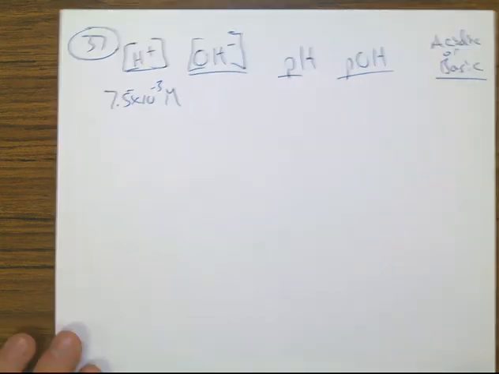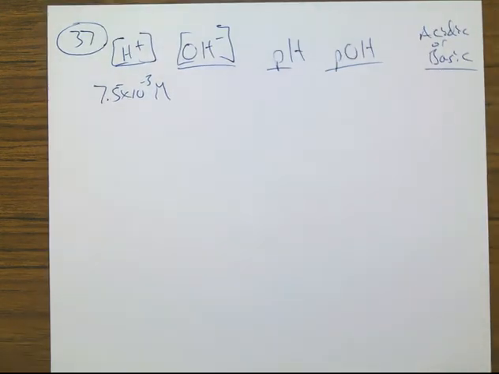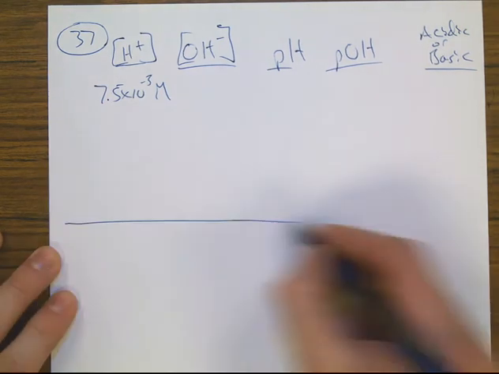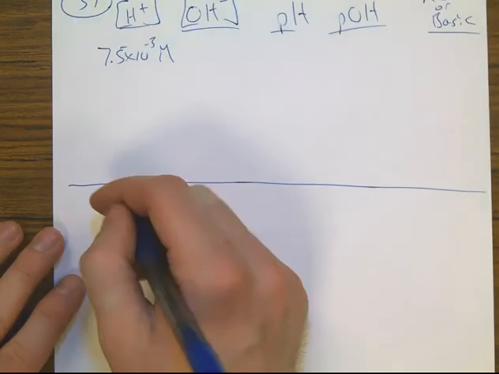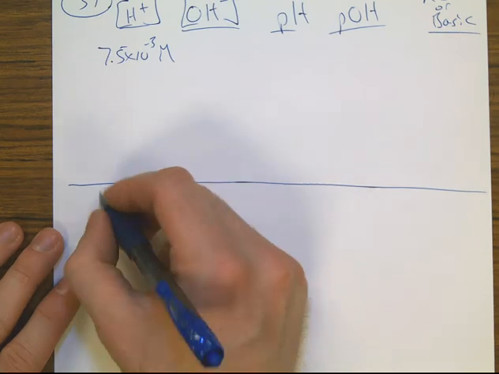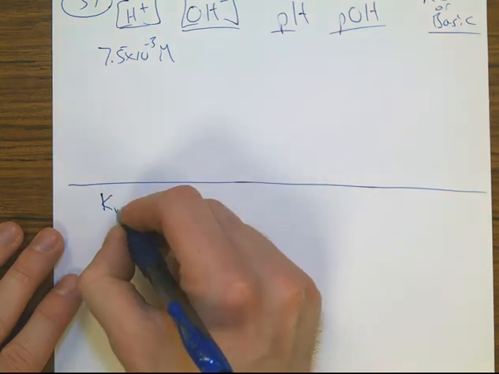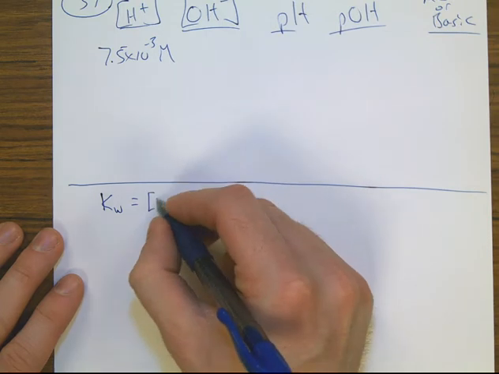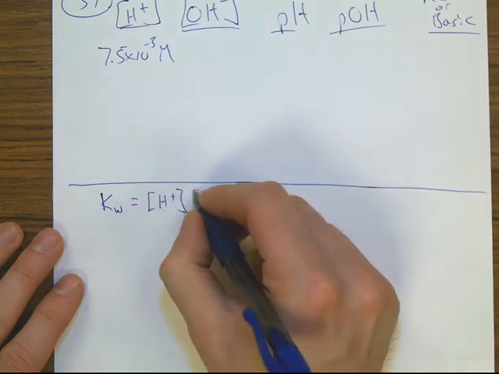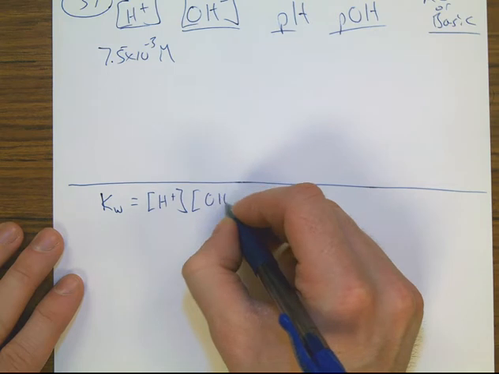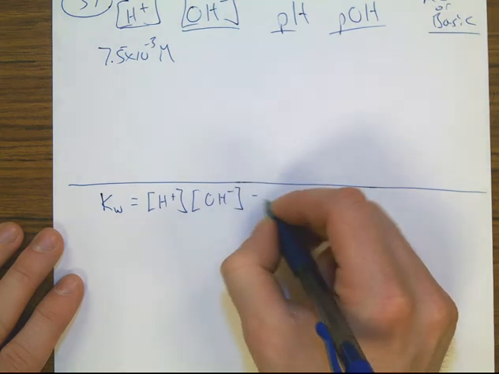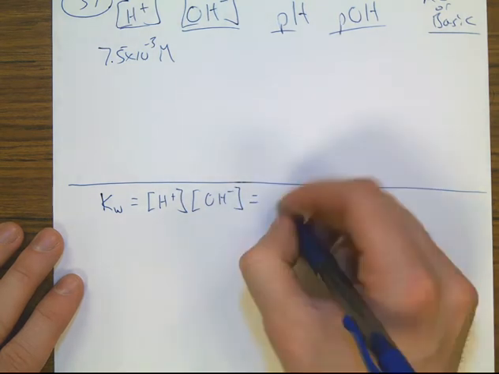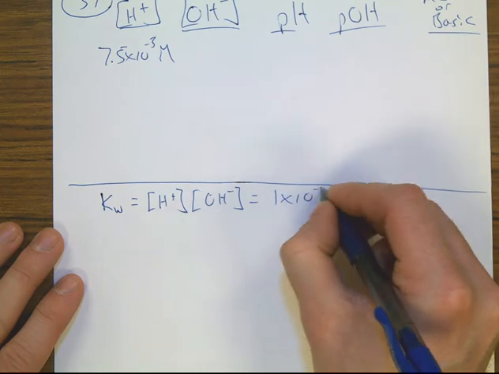So there's a couple of key equations that we're going to be using throughout this entire chapter. So I'm going to draw a line separating out the table. And the most important equation to know is that there is this constant for water. When you have pure water, the hydrogen ion concentration times the hydroxide ion concentration is always going to equal 1 times 10 to the negative 14.